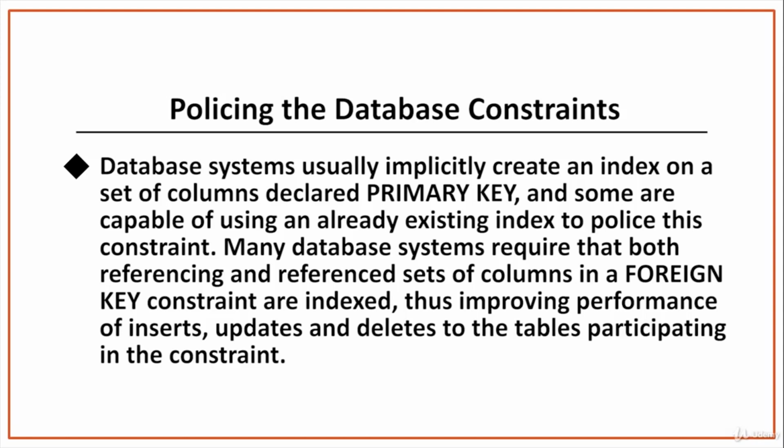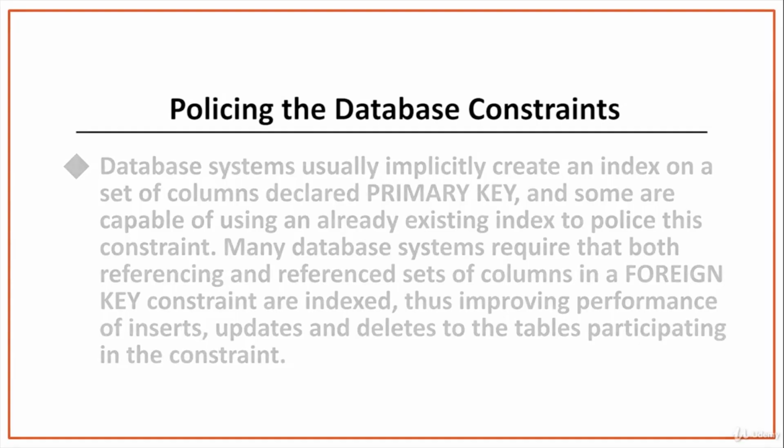Many database systems require that both referencing and referenced sets of columns in a foreign key constraint are indexed, thus improving performance of inserts, updates, and deletes to the tables participating in the constraint.